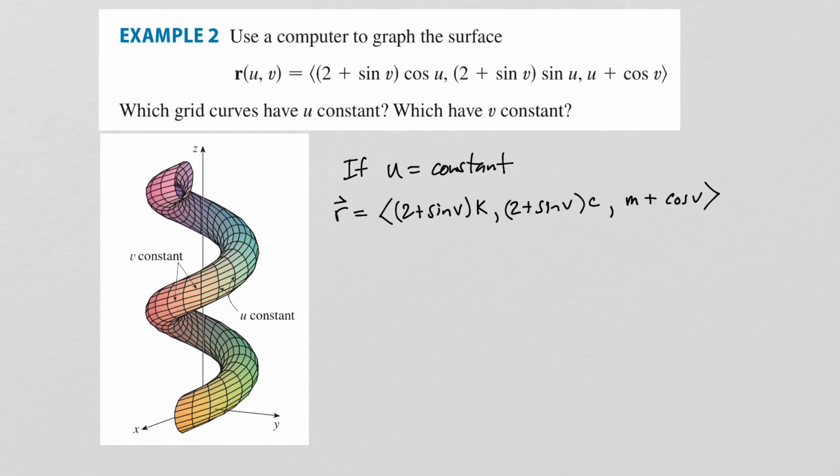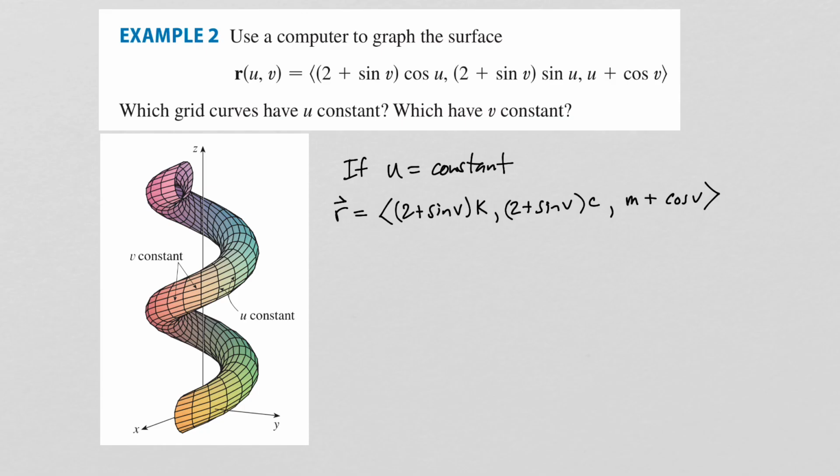So if u is constant, the vector function r could be thought of as 2 plus sine of v times some constant, 2 plus sine of v again times another constant, and then some constant, I'll call it m, plus cosine of v. So does that correspond to the long lines you see here or the lines that are wrapping around it? The easy way to understand this is that the value of z is bounded, right?